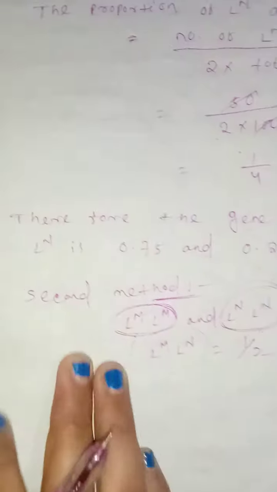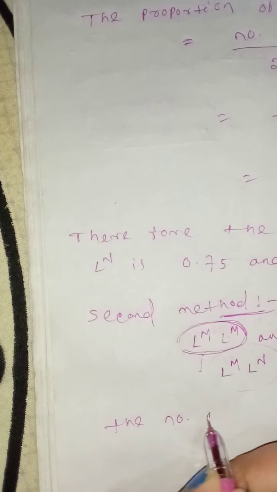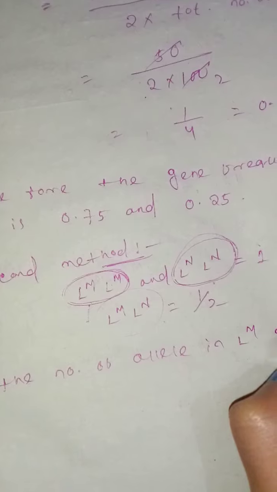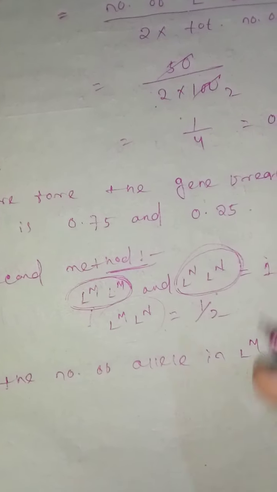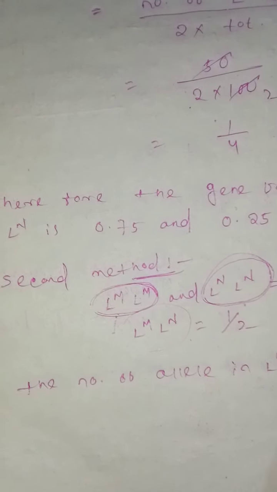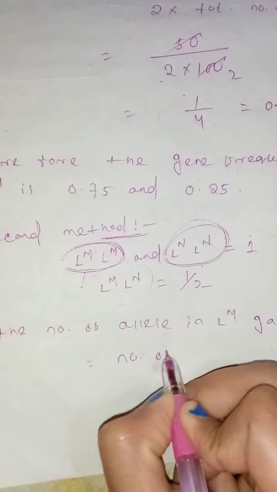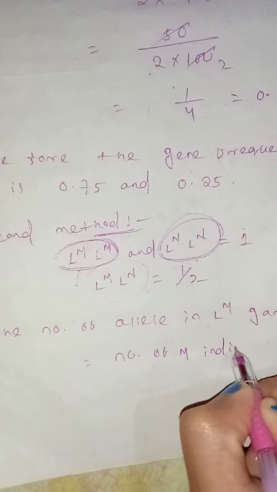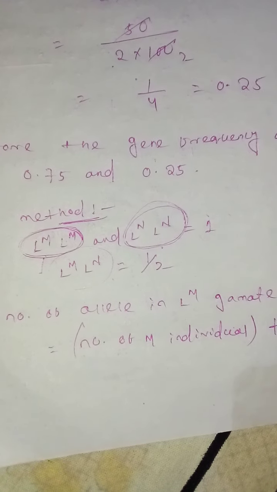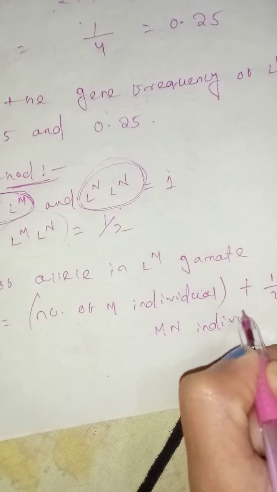Now the mathematical derivation: the number of alleles in LM gamete is equal to number of M individual plus half into number of MN individual.